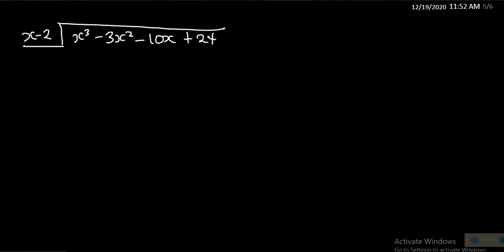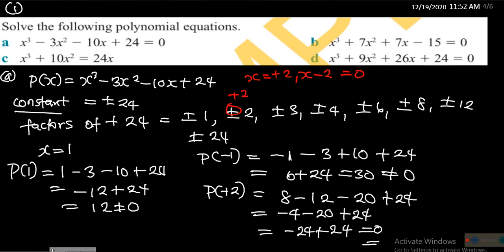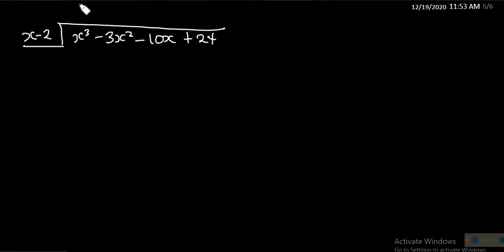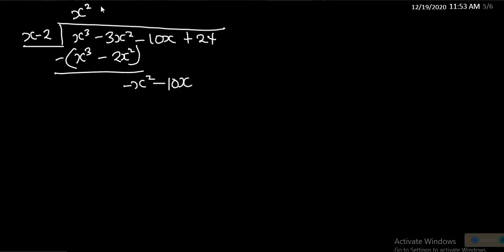Yeah, so if we divide here, we have x squared. x into x cubed gives x squared, so this will be multiplied. We have x cubed minus 2x squared, and if you subtract, minus times minus is plus, so we have minus x squared. Let's bring down minus 10x and divide again.